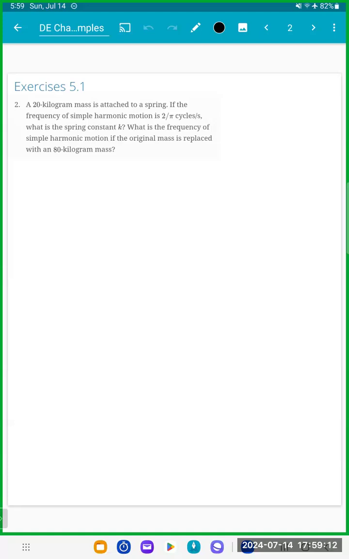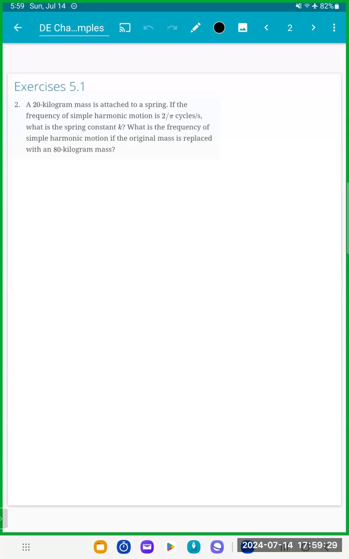We want to determine the spring constant, and what is the frequency of that simple harmonic motion if we replaced it with 80 kilograms of mass.